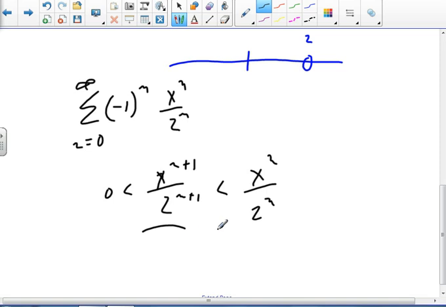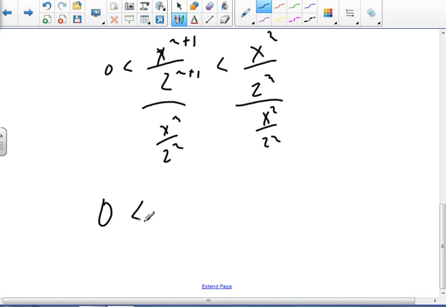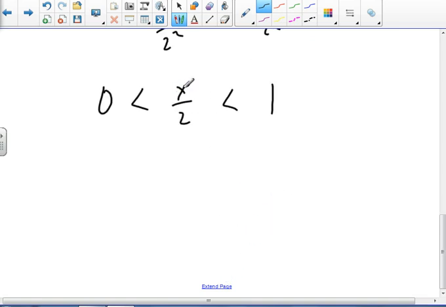I'm going to divide both sides by x to the n over 2 to the n. So I need 0 to be less than x over 2 to be less than 1. Okay, it looks like again, in this case, I can have x equal to 2. So x can equal 2 in this case.